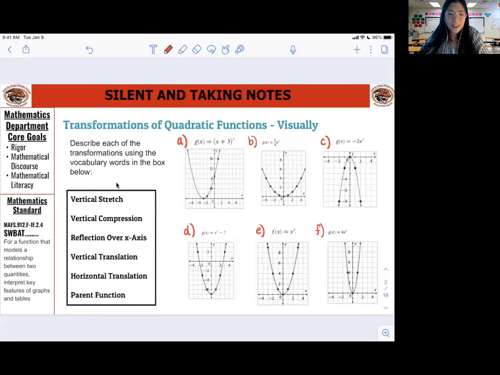All right, now go ahead, use the annotation tool and just place the answer right next to each of these vocabulary words. So I already saw that somebody had put something for parent function. And let's see if we agree.